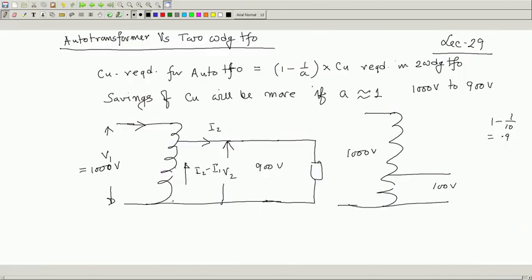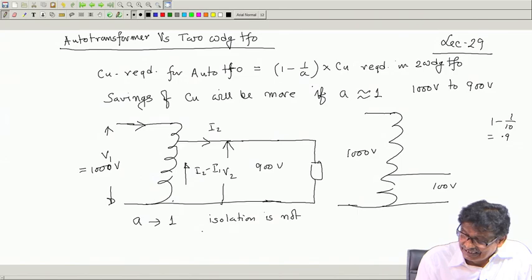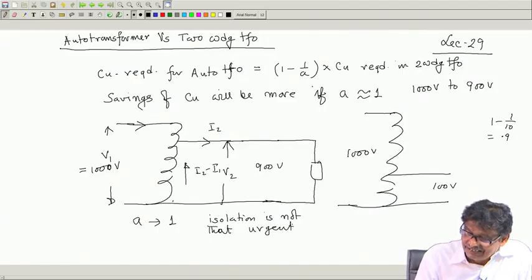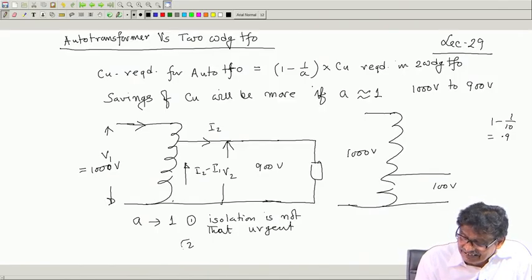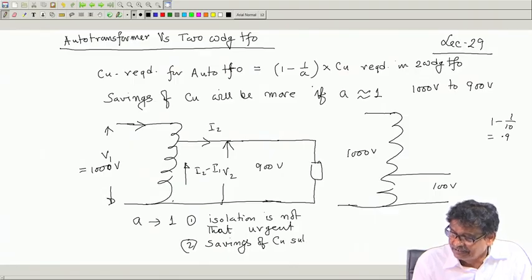So, isolation problem when A tends to 1, isolation is not that urgent. This is one, and the second thing is savings of copper is substantial.